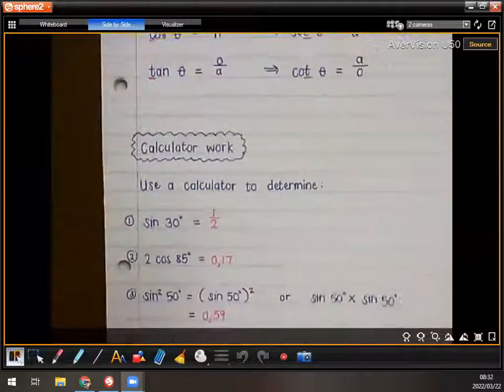So we've done these calculator word question things. So now let's do number 6.